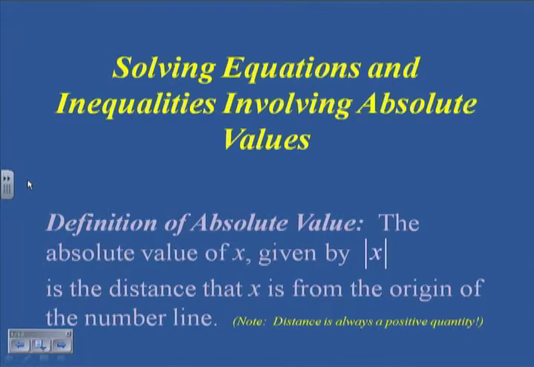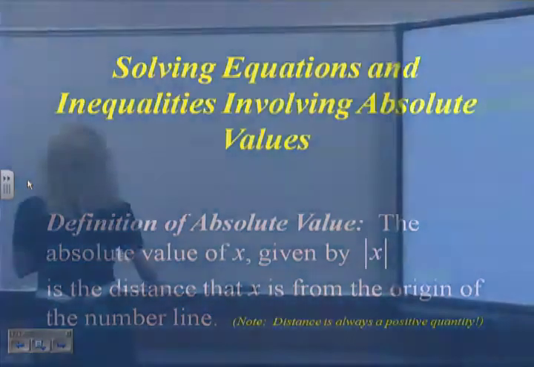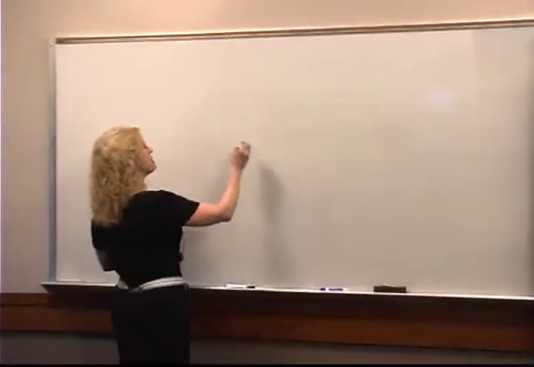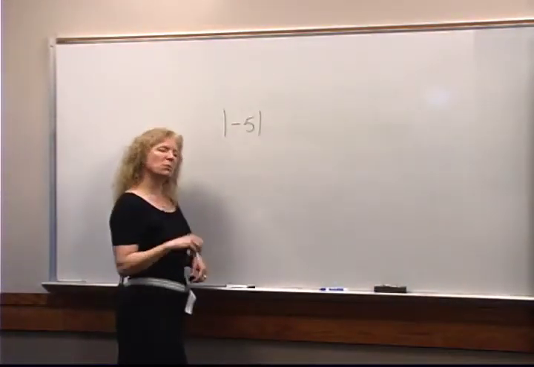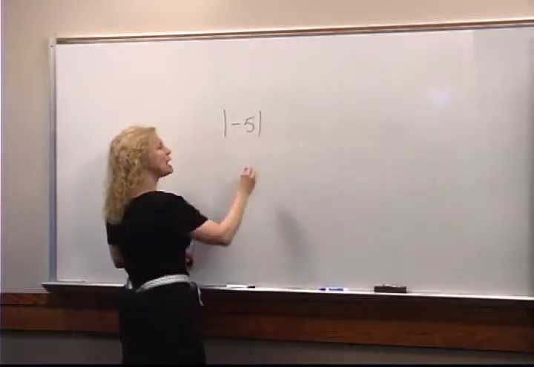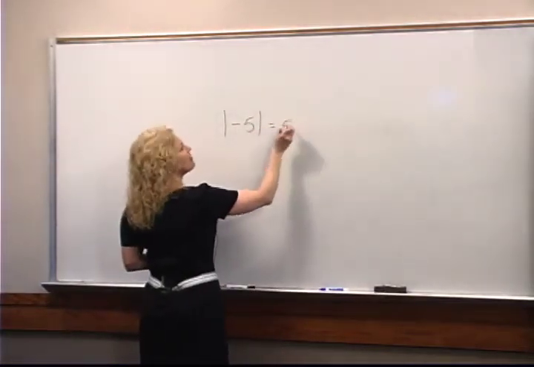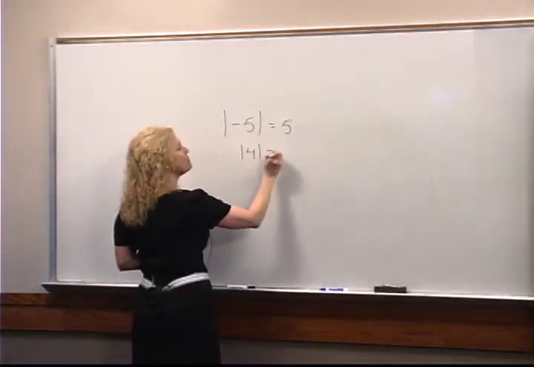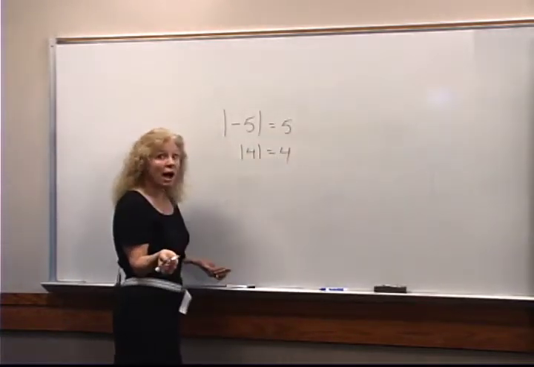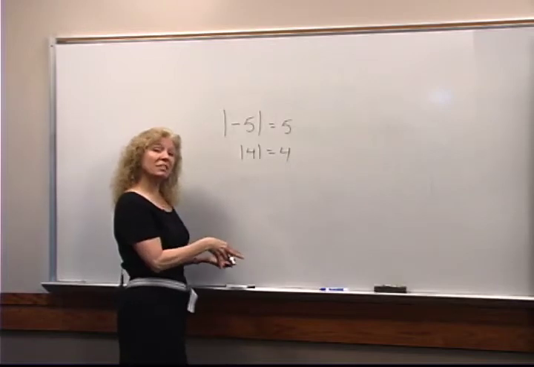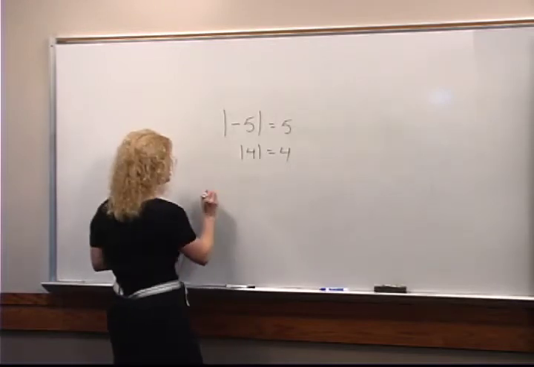I know, you might say, that's not how I recall it. You might say, I recall that essentially it wipes away any negatives. So the absolute value of -5 is 5, and the absolute value of 4 is 4. Okay, well, you're right. That's how we can work with it and do some computations with it.